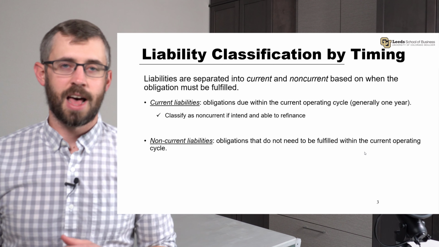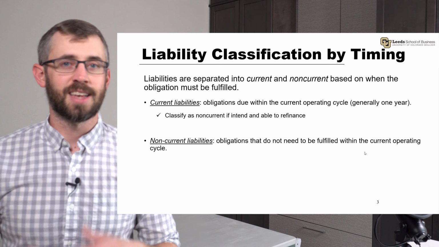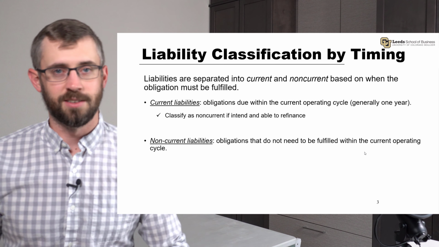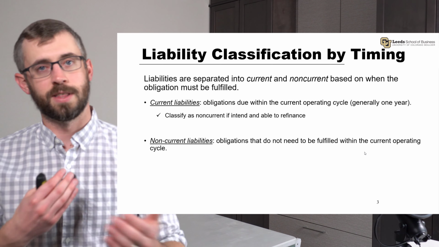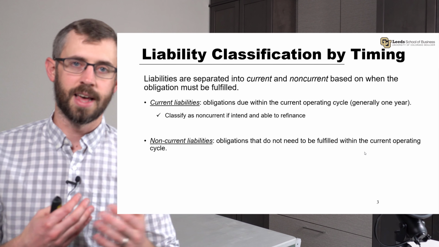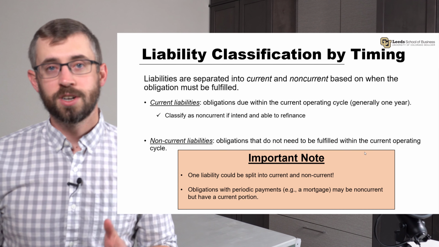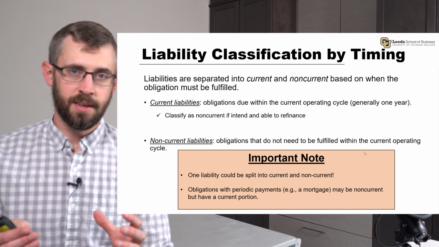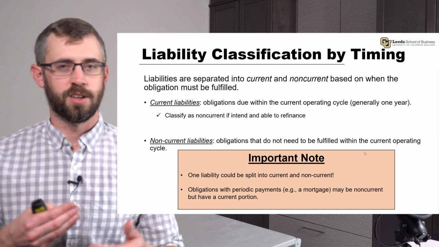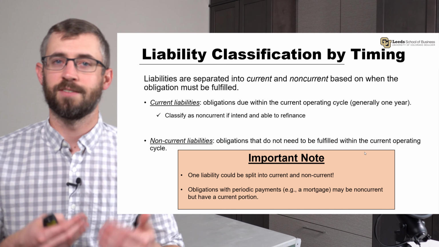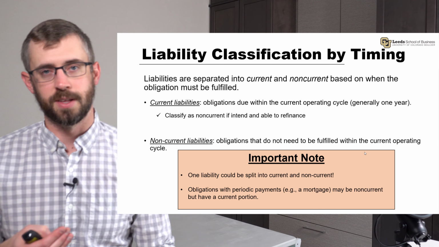Now, the second classification of our liabilities is non-current liabilities, and these don't have to be fulfilled for more than one operating cycle out, or more than 1 year out. Now, it's important to note that a single liability, and this is usually the case for various types of long-term debt, especially things like mortgages, or maybe you have to make a quarterly principal payment or something like that.